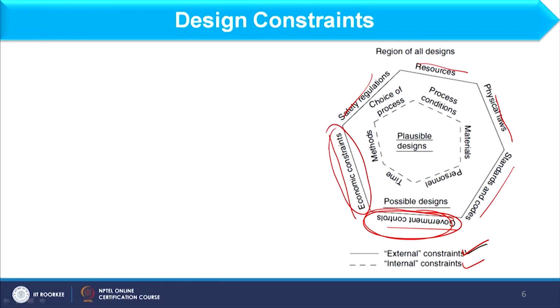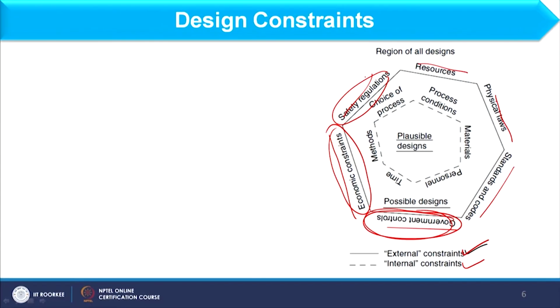Economic constraint is what would be the price of raw material. If some negotiation is possible, that can be done, but that is very rare. If that price is set by the government, economic constraint will be a criteria for the designer to choose a proper process.